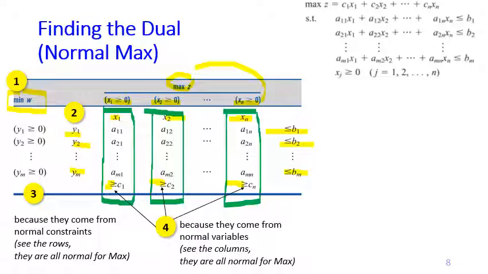The dual constraints come from normal variables in the primal problem. They are also normal constraints in the dual problem. Our dual problem is minimization, so our dual constraints have the normal sign, which is greater than or equal to, in the normal minimization.